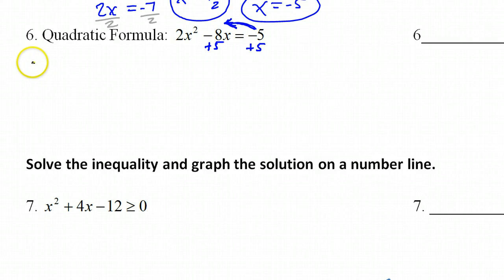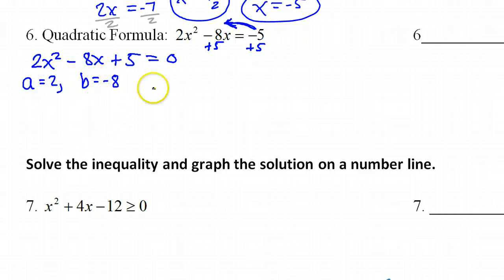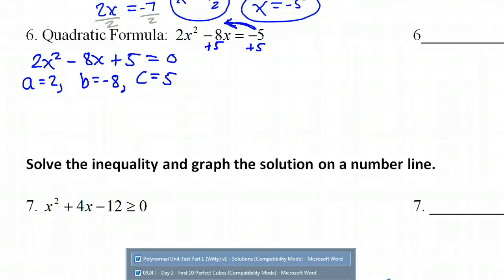So this is going to become 2x squared minus 8x plus 5 equals 0. Okay, that means that a is 2, b is negative 8, and c is 5 in terms of plugging into our quadratic formula.